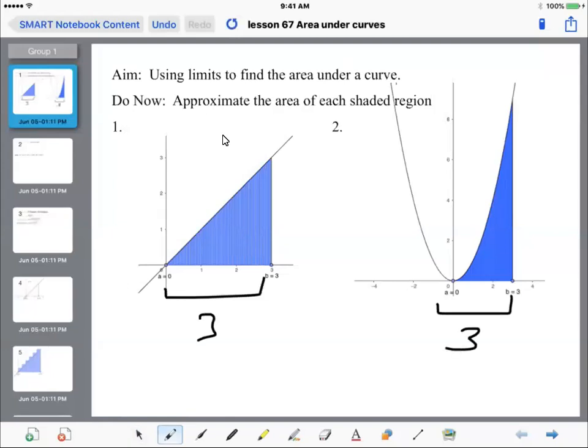But since this one on the left has the other side along the line y equals x, this is also 3. But for this one, it's the curve y equals x squared. So this point is over here at 3, 9. Okay, would you take a few minutes to think, what are the approximate or exact areas for those two regions?